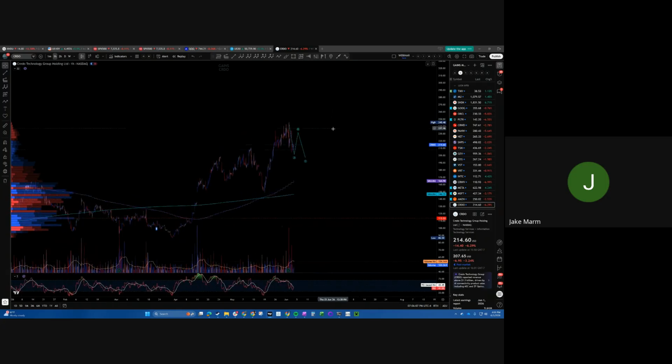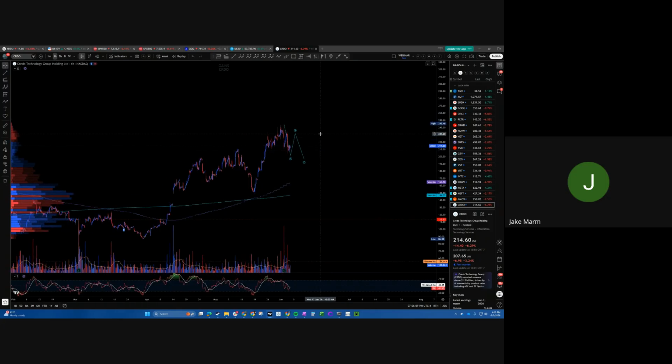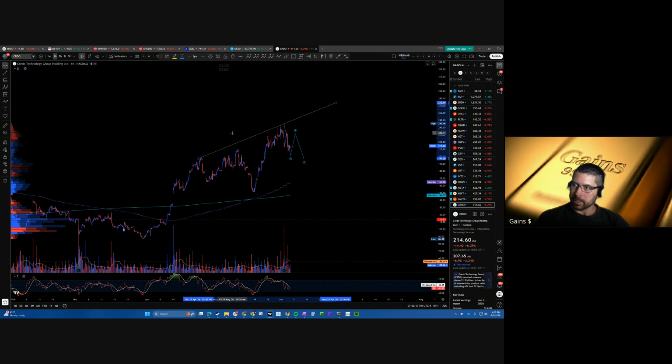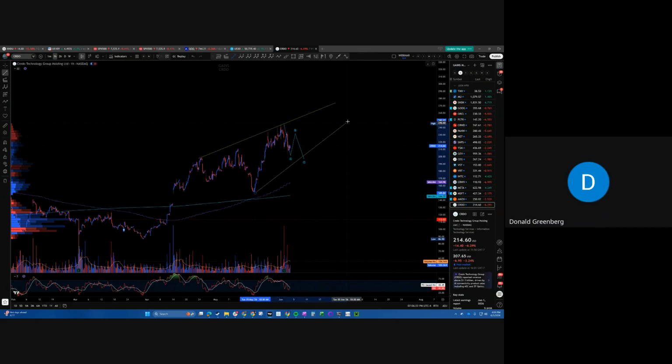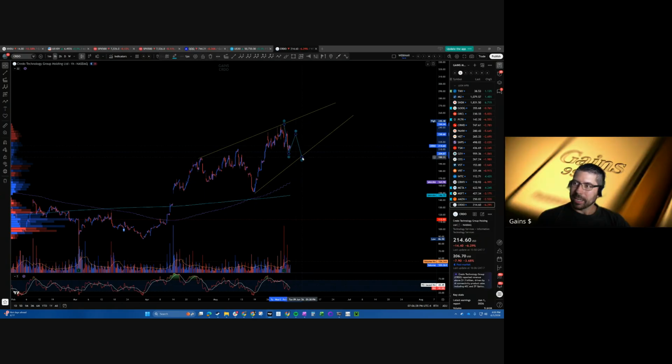There's gamma at 260 for the 18th, so that gives me some hope, like positive gamma all the way up there. Yep, and it's following a pretty decent trend line here. They're in all the right businesses, so this thing could. I don't know why it's not at 400. Yeah, you could see something like this, like an ending diagonal, Jake.